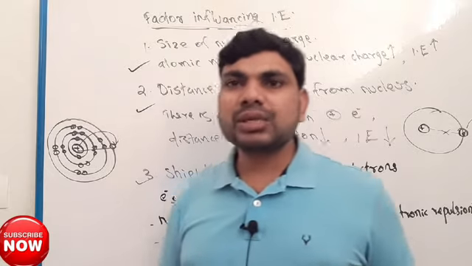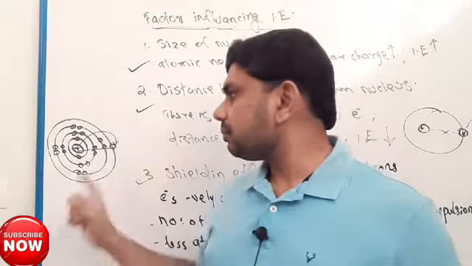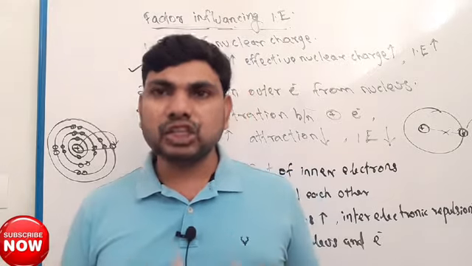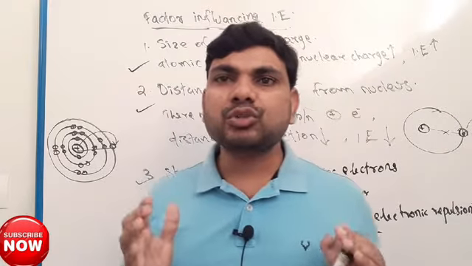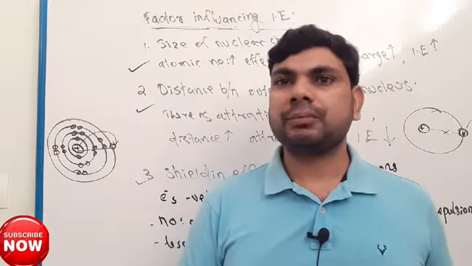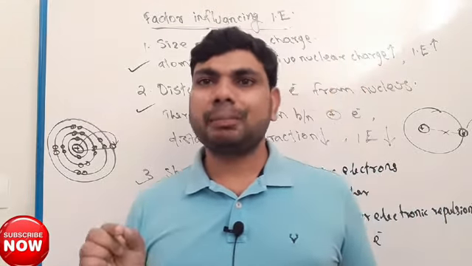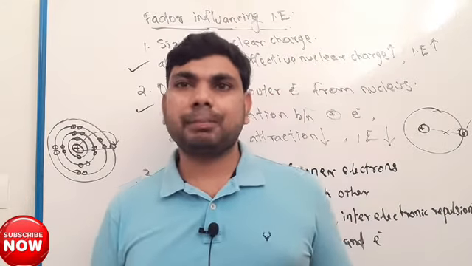These electrons have negative charge and they repel each other. This repulsion is called inter-electronic repulsion.